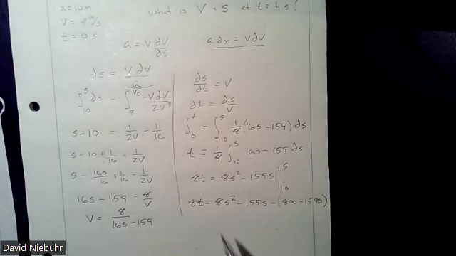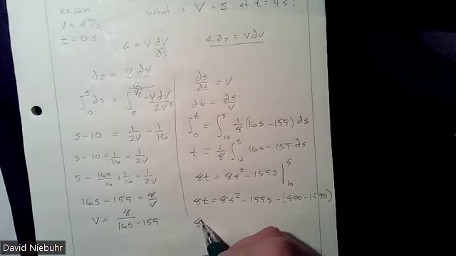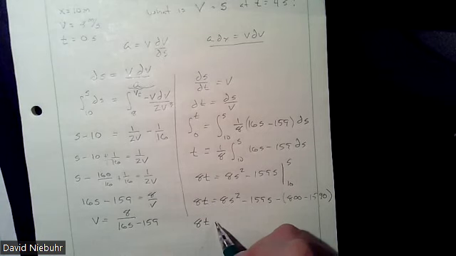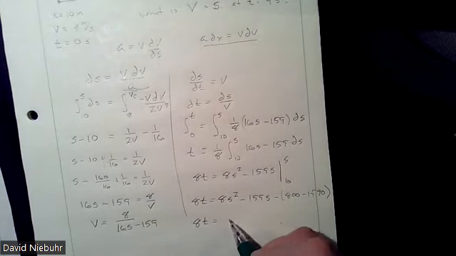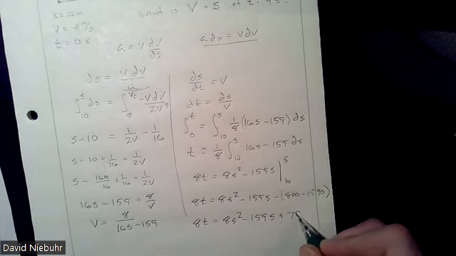So that's where it comes from. In the end, you can see what this is going to look like. It's going to end up being a quadratic. And that's the one little trick in this problem. So we fix this so that 8t equals 8s squared minus 159s plus 790.